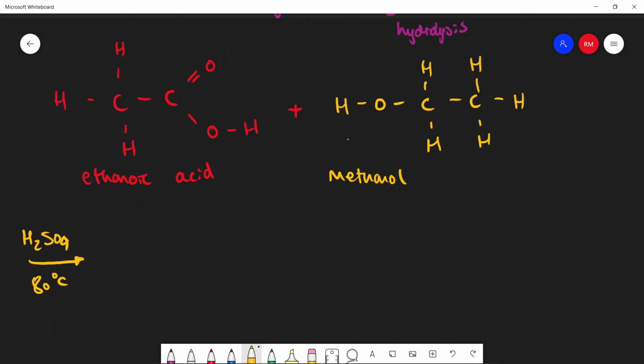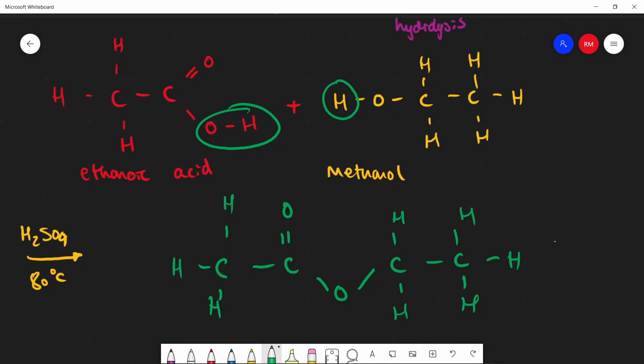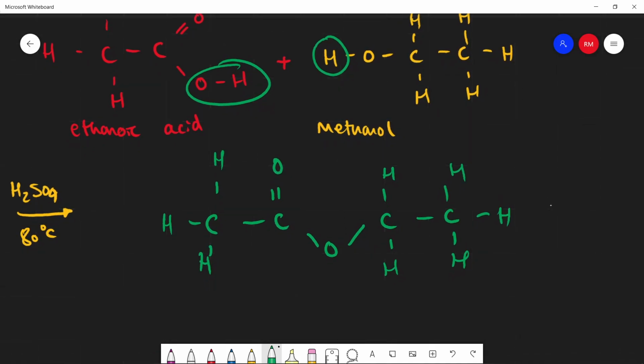So really, what we're going to be left with is this CCOO with an O going back to the CC, carbon-carbon. And so we have this removal of this hydrogen and this O and H. Thus we form our ester, ethyl ethanoate.